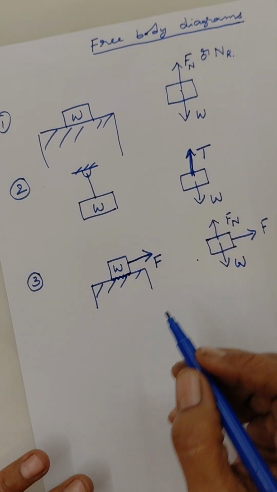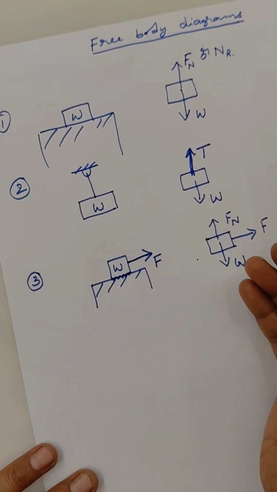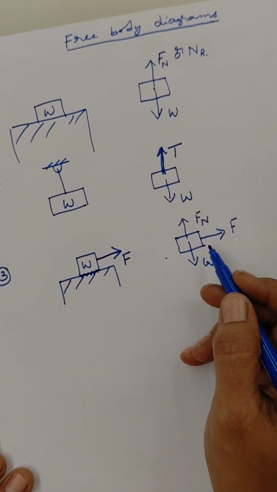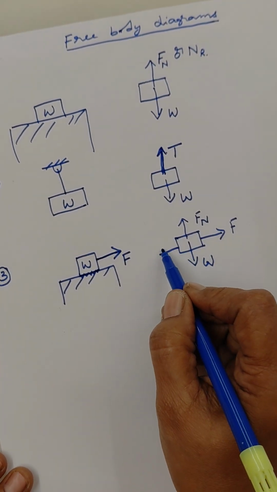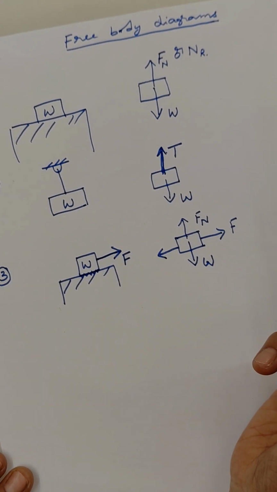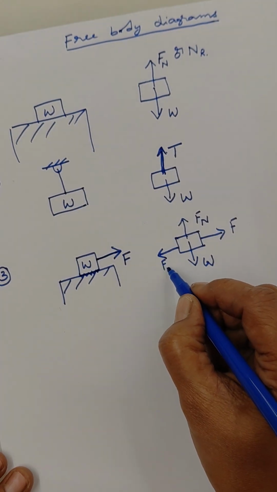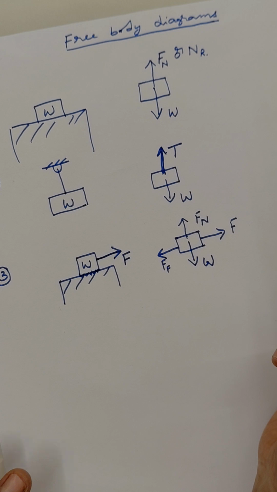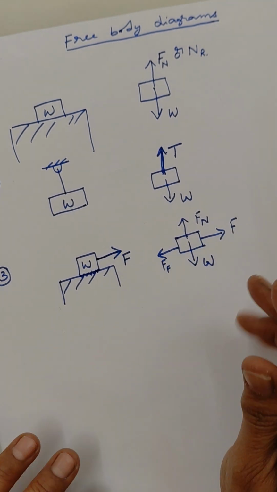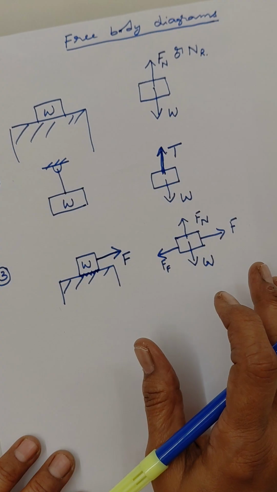So that frictional force, how should it be acting? It should be acting in the opposite direction to this particular force F. So it is the frictional force, let us say FF. So this is the free body diagram, where there are four forces acting on this block.